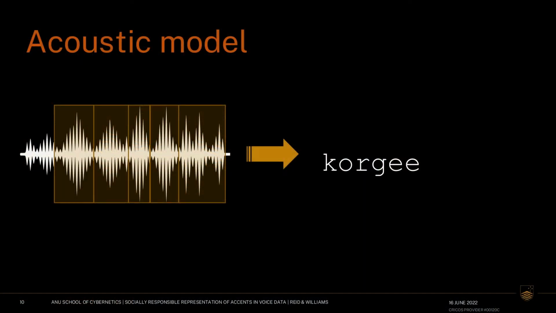So there are two key machine learning algorithms in modern speech recognition systems, and we're going to take a look at those. The first is an acoustic model. The role of the acoustic model is to take speech data in the form of audio files and transcriptions and predict a character, usually a character in an alphabet or an ideograph from a language like Chinese or Japanese.